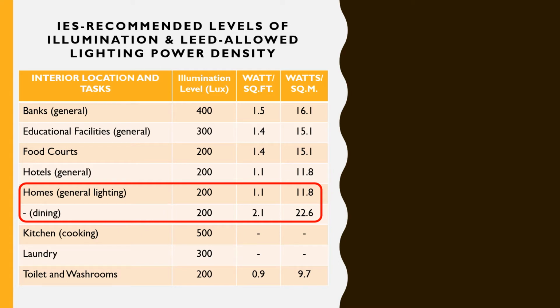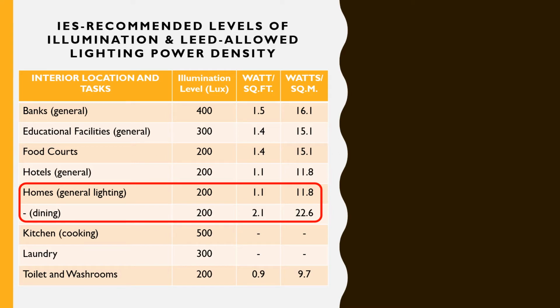So 200 lux is recommended. Just take note. And in terms of lighting power density, it is 1.1 and 2.1 watt per square feet respectively, and 11.8 and 22.6 watts per square meter respectively. So take note of this.